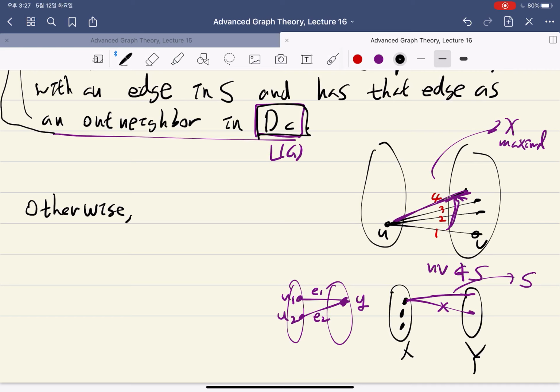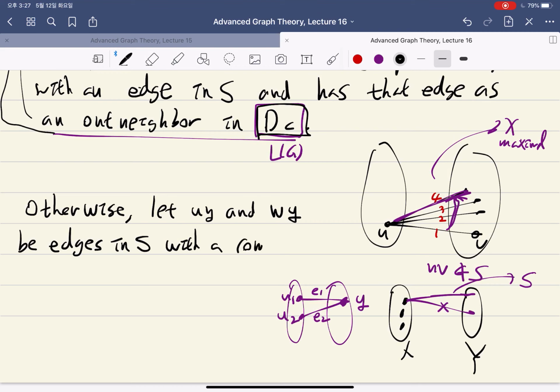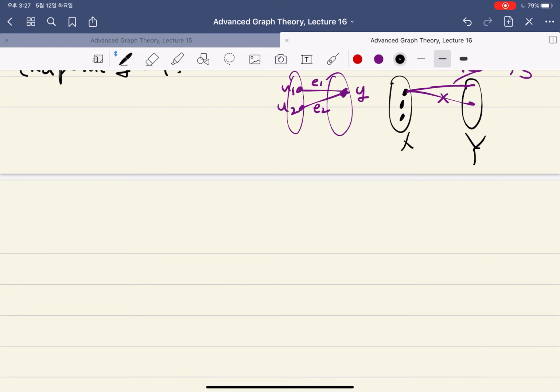So if that case happens, say let uy and wy be edges in S with a common endpoint y in capital Y. And we may assume that one is bigger than the other.